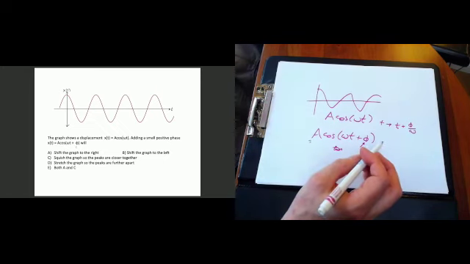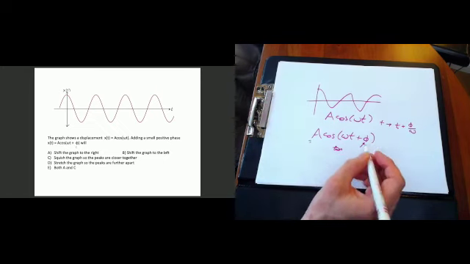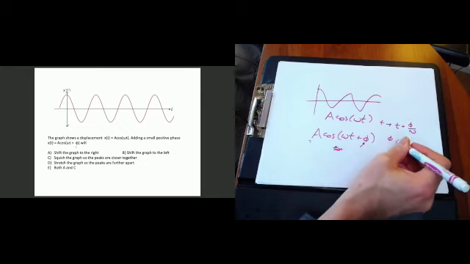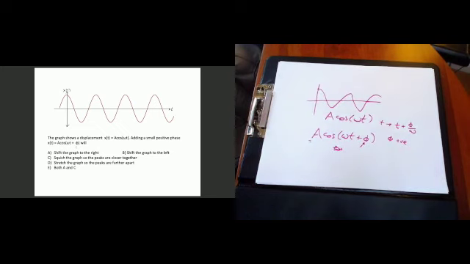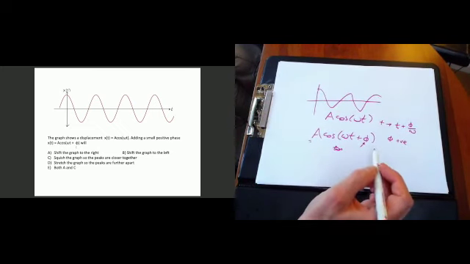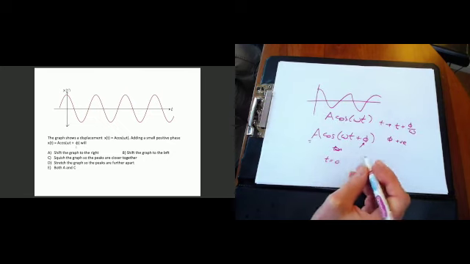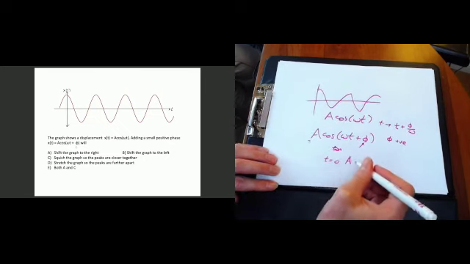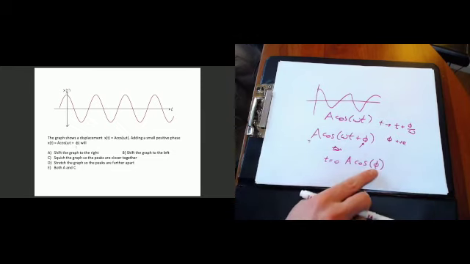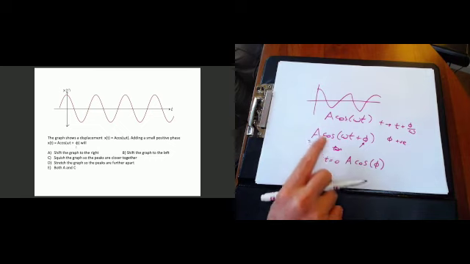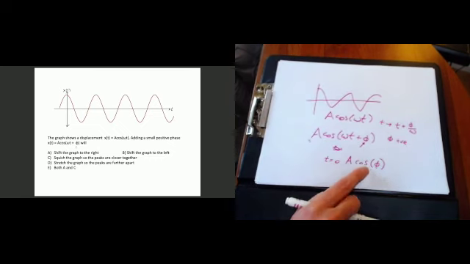And so what we need to understand is, for phi positive, does that shift it to the right or the left? So here's how I think about it. Let's think of putting in t equals 0. Then what we end up with is a times cos of phi. And so with the new function at time equals 0, what you're seeing is the old function at some positive time.